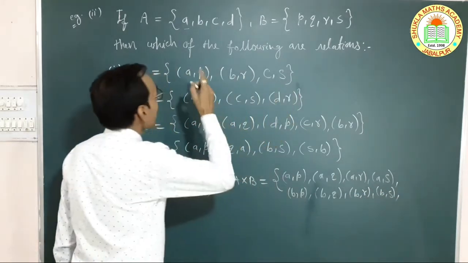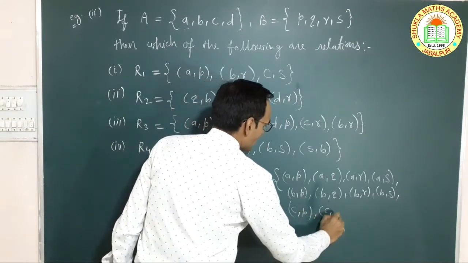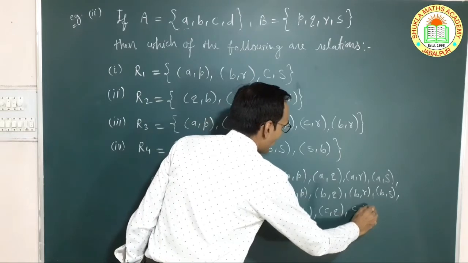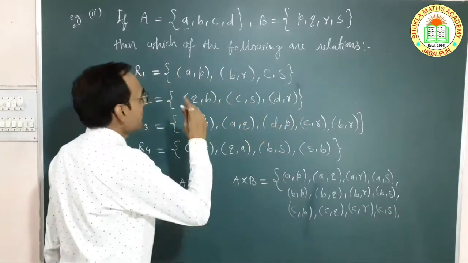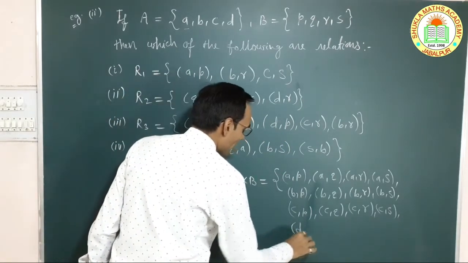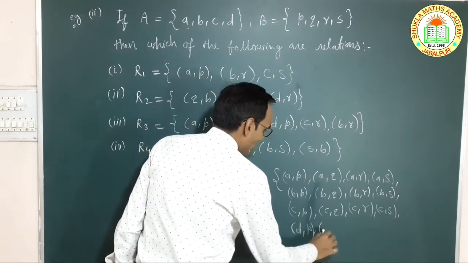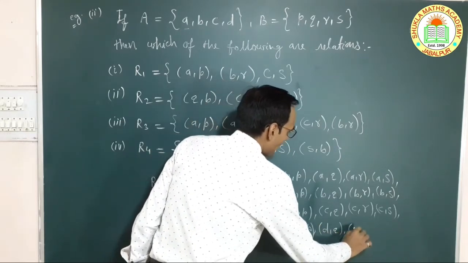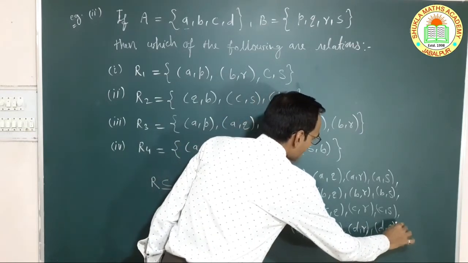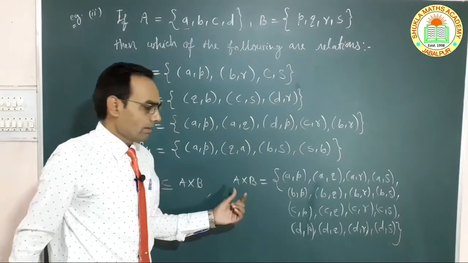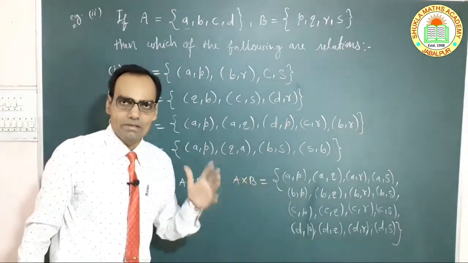The third element is c, and make the pairs cp, cq, cr and cs. And the last element of set A is d; make the pairs with the elements of B: dp, dq, dr and ds. So this is the set of ordered pairs of A cross B.